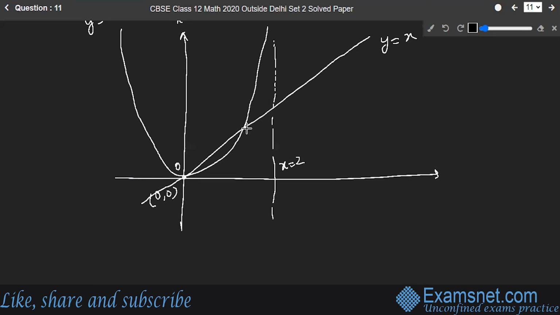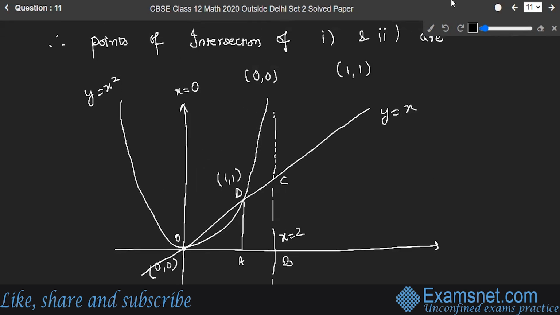Let's say these are the points A, B, C, and D. We already calculated the two points of intersection of y is equal to x and y is equal to x square: they are (0, 0) and (1, 1). Correct?